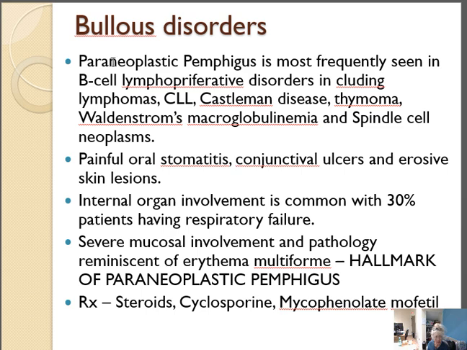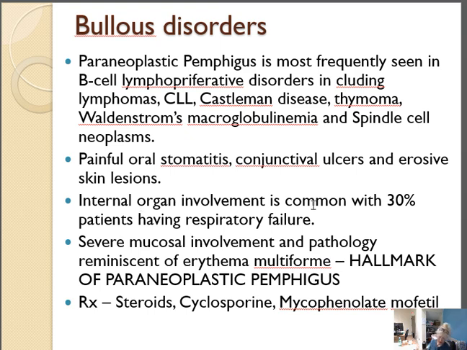Bullous disorders. Paraneoplastic pemphigus is most frequently seen in B-cell lymphoproliferative disorders, including lymphomas, CLL, Castleman disease, thymoma, Waldenstrom macroglobulinemia, and spindle cell tumors. Oral stomatitis and erosive skin lesions.